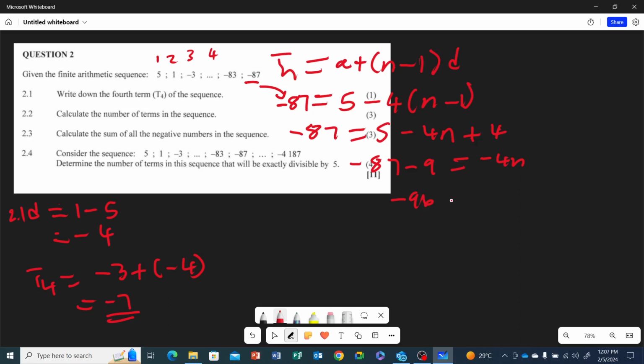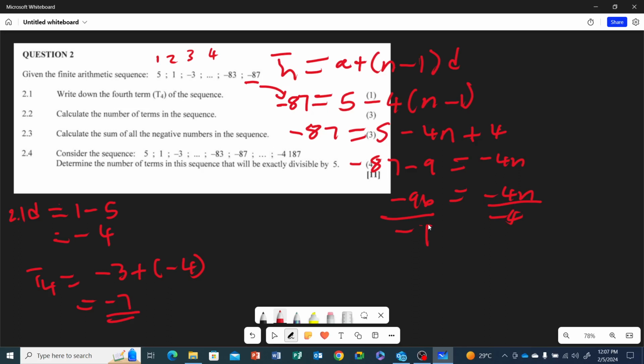You divide by negative 4, you divide by negative 4, so n will equal 24. So in this sequence, you have 24 terms.